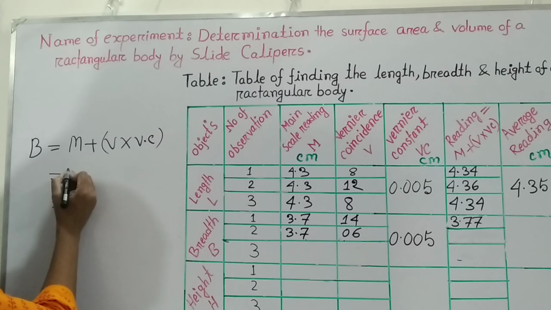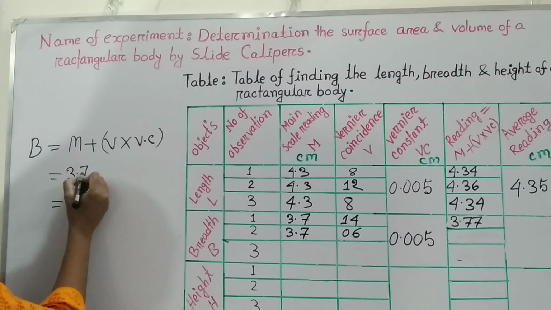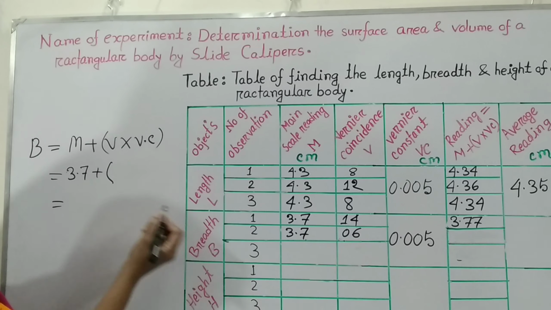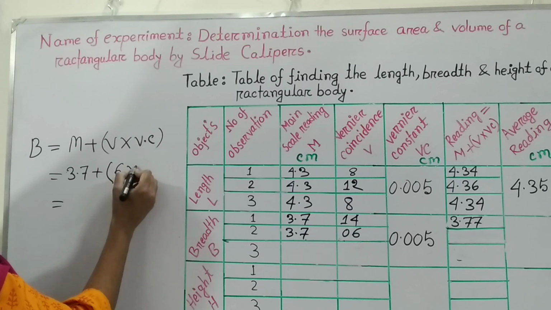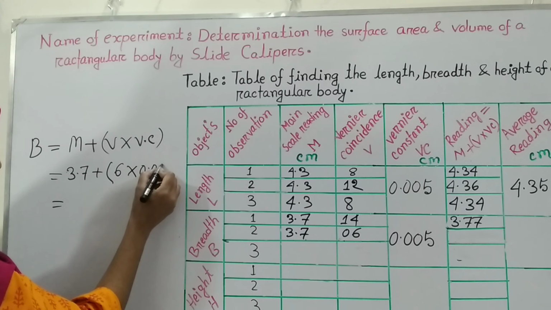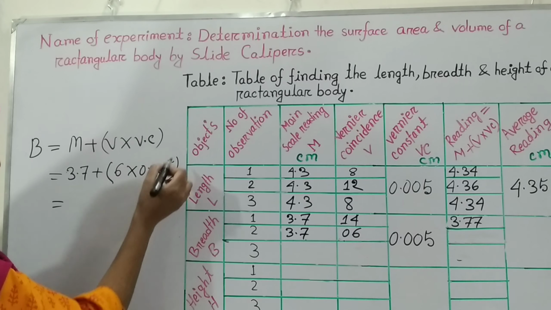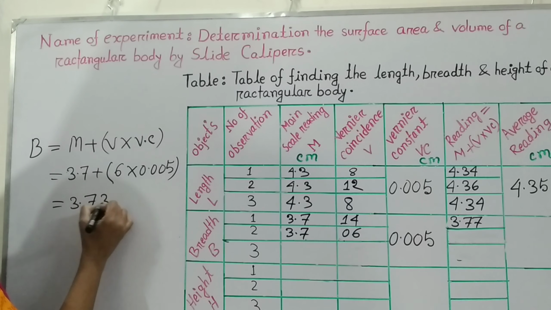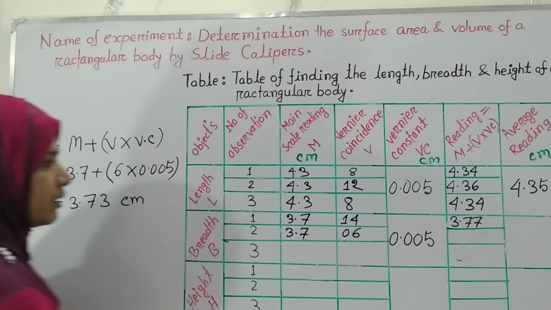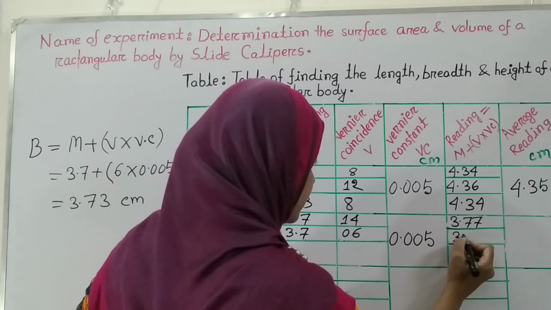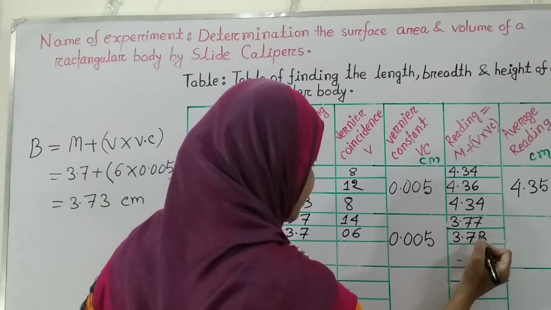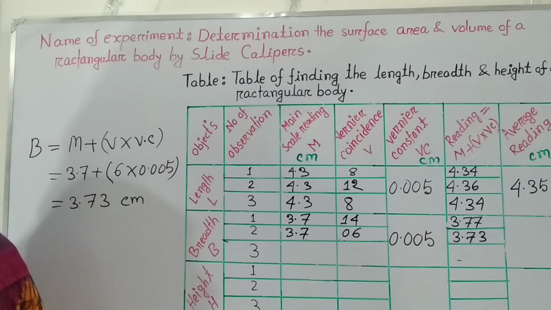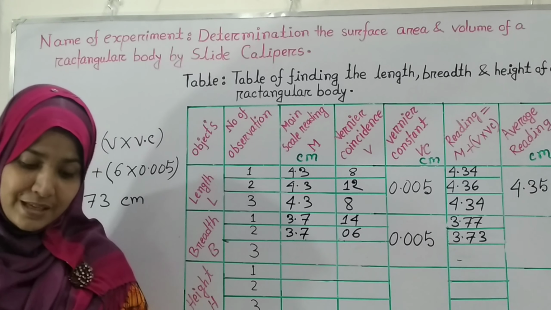That is main scale reading 3.7 plus vernier coincidence 6 into vernier constant 0.005. After calculating it, you will get the value 3.73 centimeter. Now, the third time, follow the same procedure.